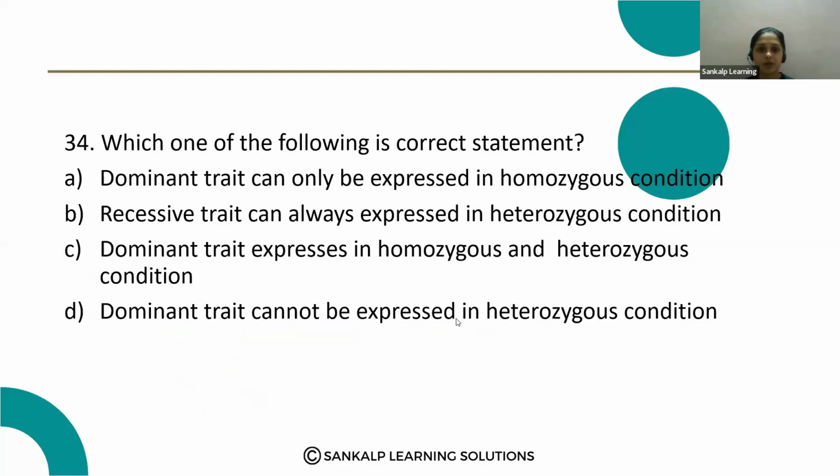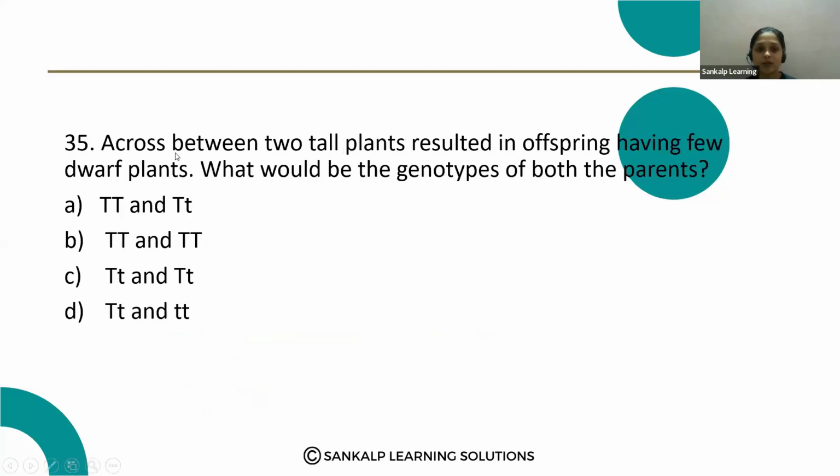Next question. A cross between two tall plants resulted in offspring having few dwarf plants. What would be the genotypes of the parent plants? So when two tall plants result in offspring having a few dwarf plants. Here I'm taking the two tall plants.